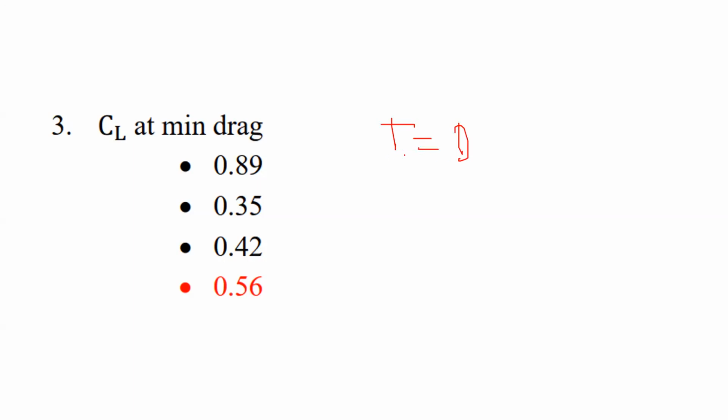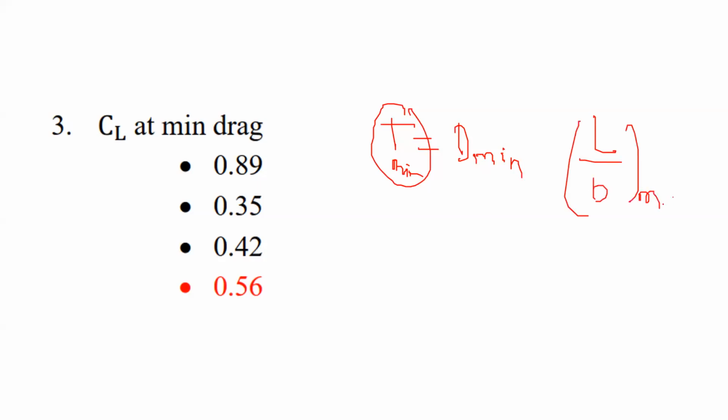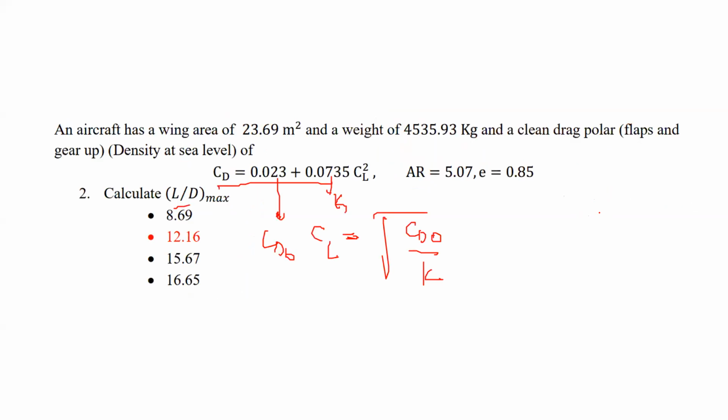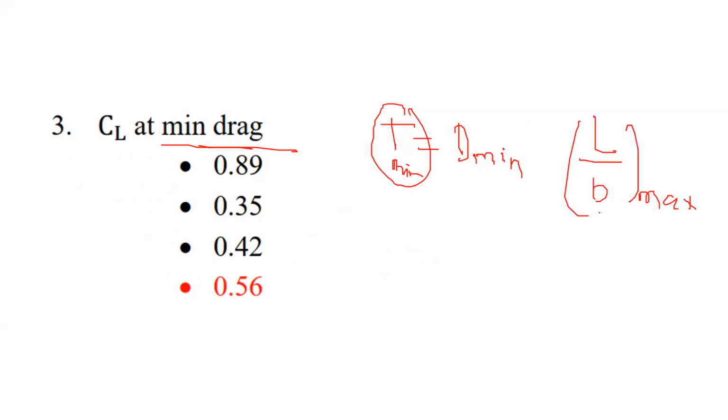So when you have T minimum, then you also have D minimum, right? So you know the condition for T minimum, you maximize this, and you can find out CL at that condition. So CL from the previous question, whatever CL you found, you can use that as an answer here.